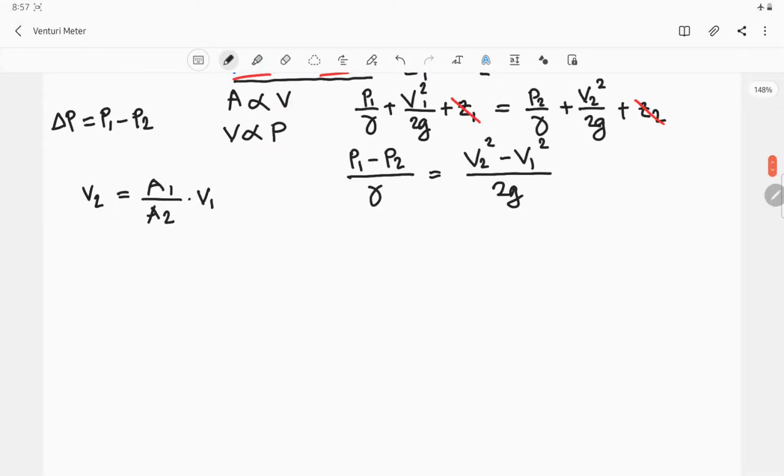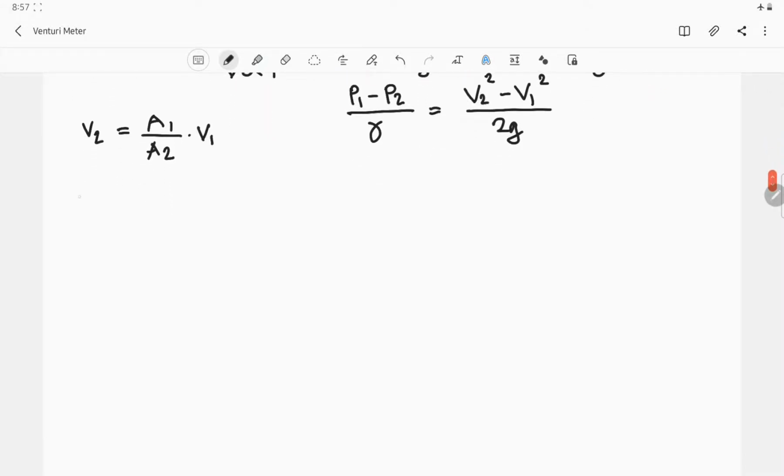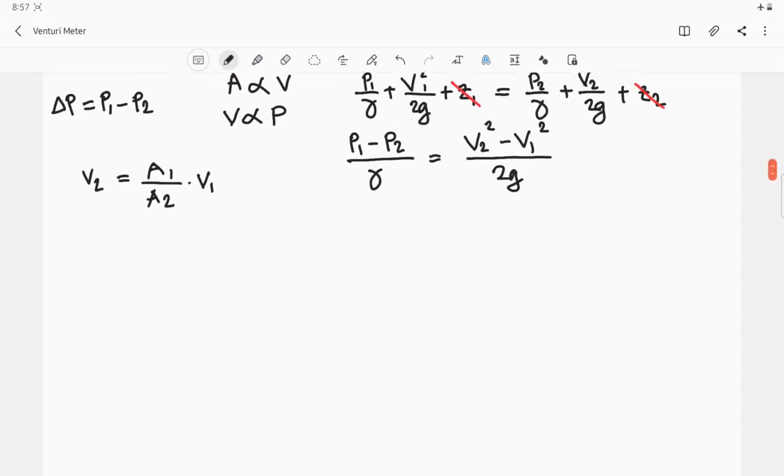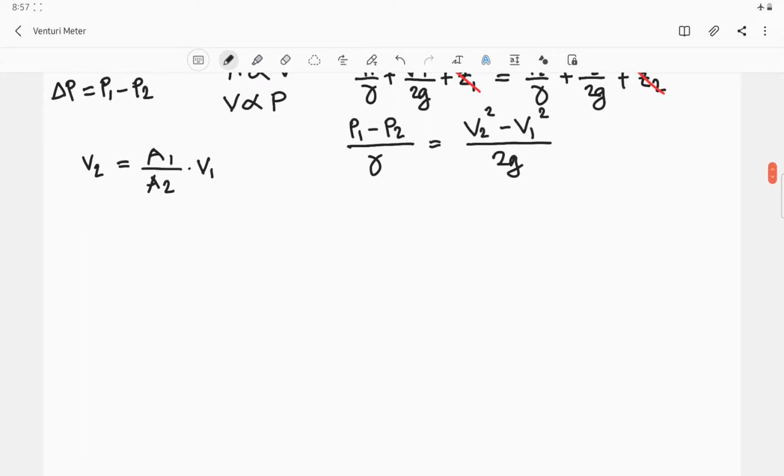Okay. We know that A1 is the area of a circle, so we will presume that the pipes are all circular. Pi d squared over 4, that's the area of the circle. So pi d1 squared over 4 over the area of A2, pi d2 squared over 4.